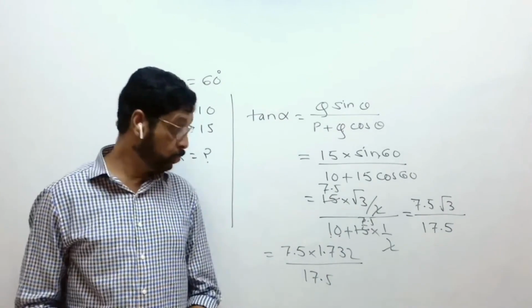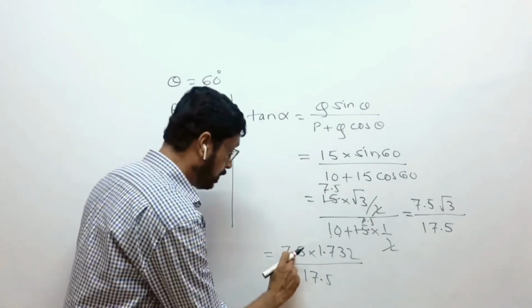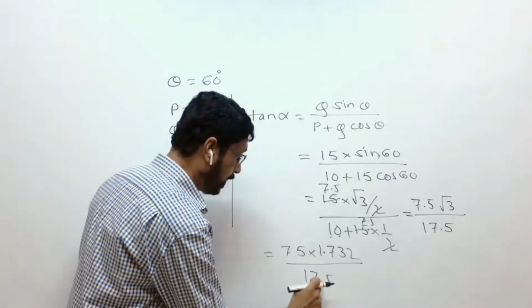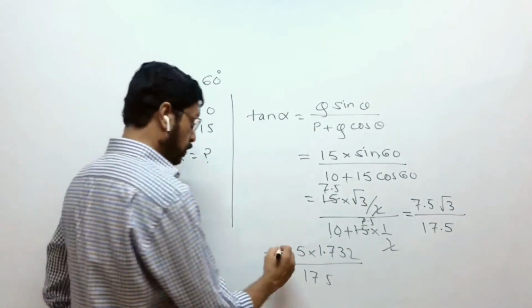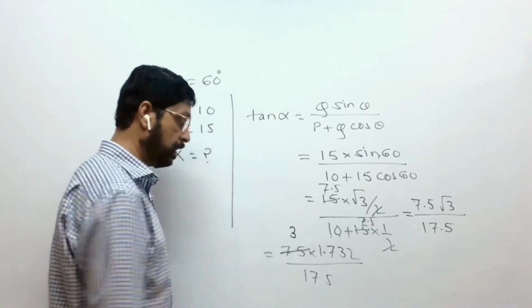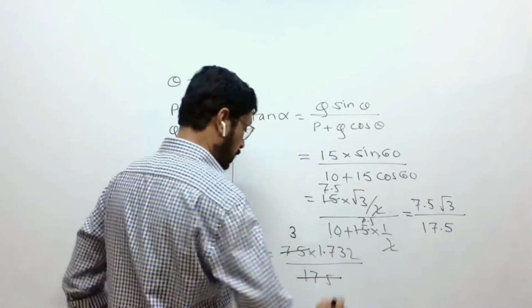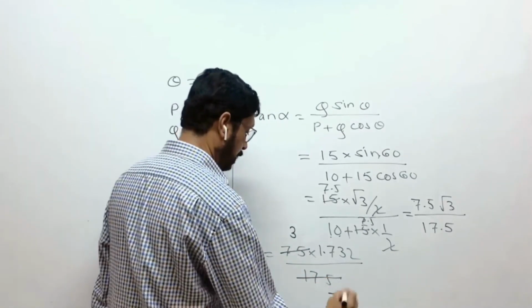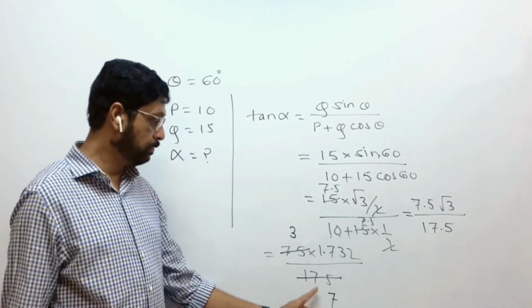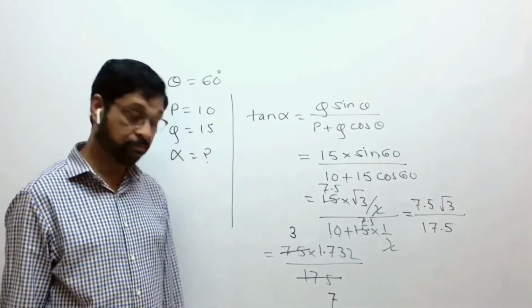Now you shift the decimals, one decimal forward here, one decimal forward here. 25 3s are 75, 27s are 25, 7 5s are 175.